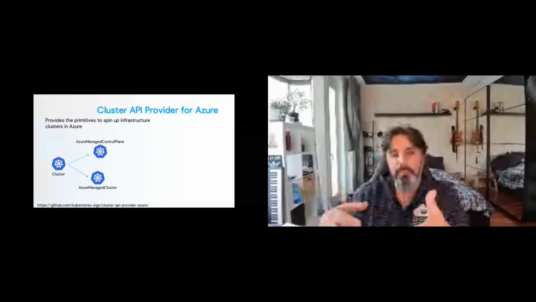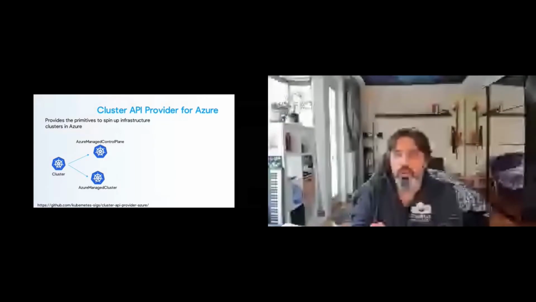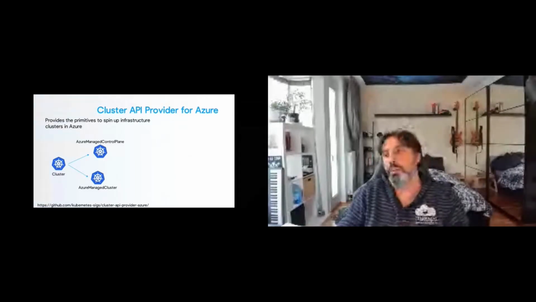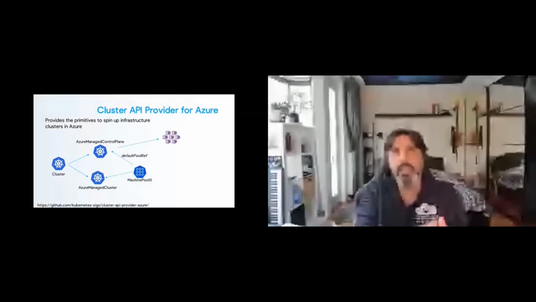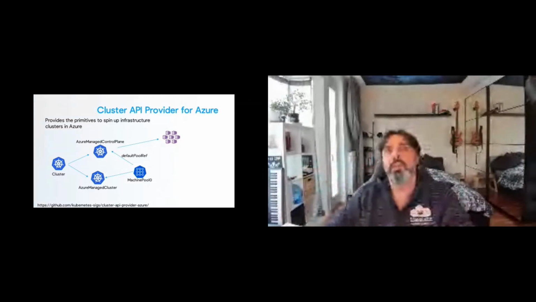And then there are node pools, and the node pools have their own set of properties, right? And naturally, those pools are represented by their own object. In fact, when you create a cluster, there's an Azure Managed Control Plane and Azure Managed Cluster. You need to create those objects as well, referring to the cluster object.